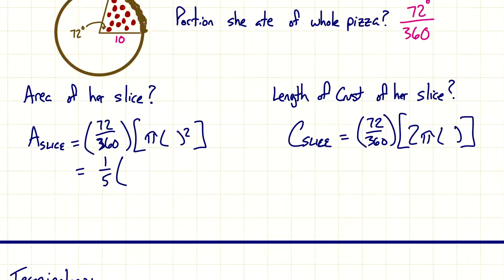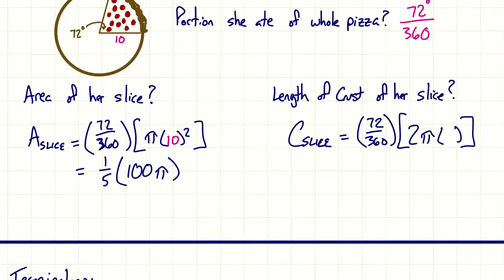So this is 1 over 5 times pi. Oops, I forgot to put in my radius, which was 10. And so 10 squared is going to be 100 pi. All right, so the whole circle is 100 pi.